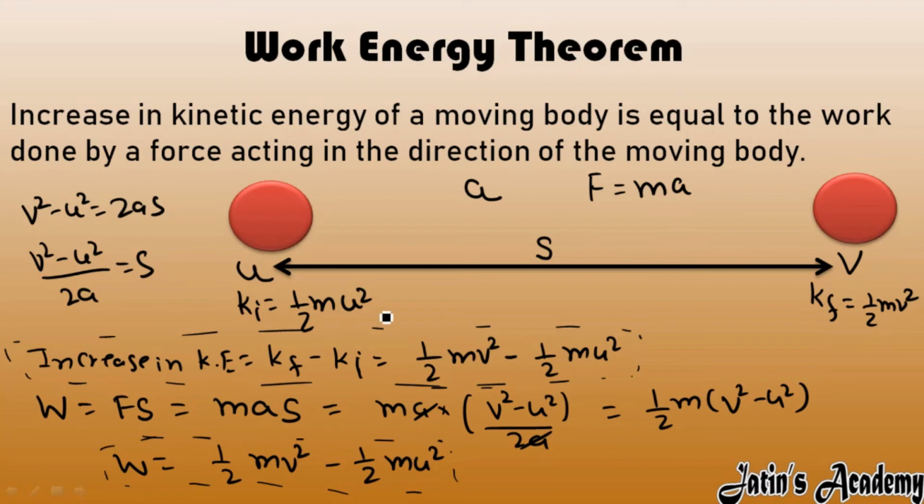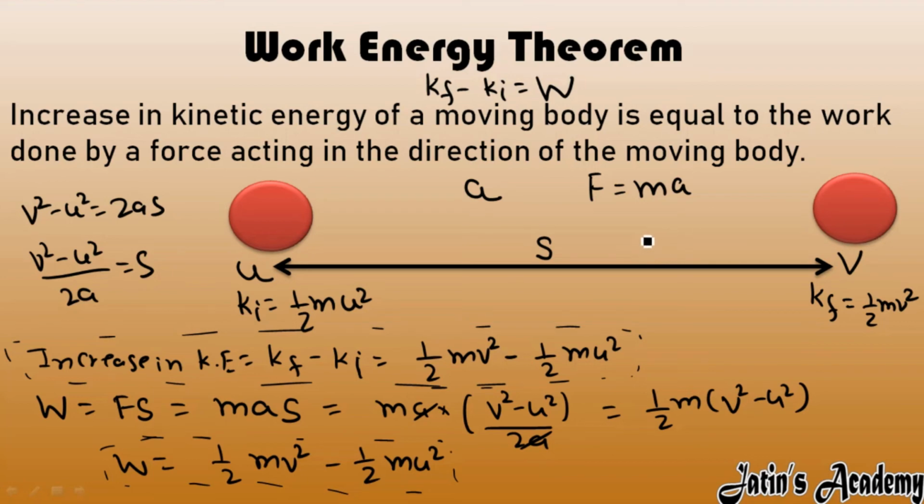So the increase in kinetic energy of a moving body is equal to the work done. The increase in kinetic energy, which is final kinetic energy minus initial kinetic energy, is equal to the work done by the force to increase its velocity, otherwise its kinetic energy. So this whole thing is the work energy theorem.